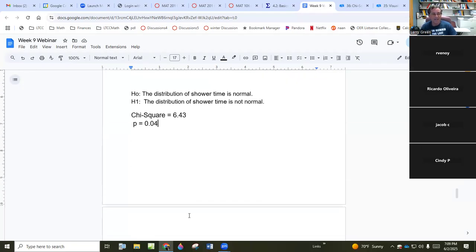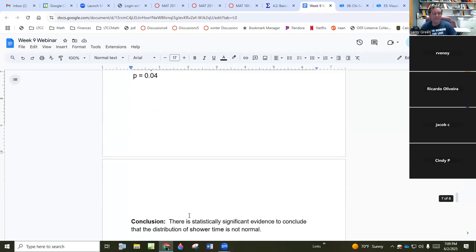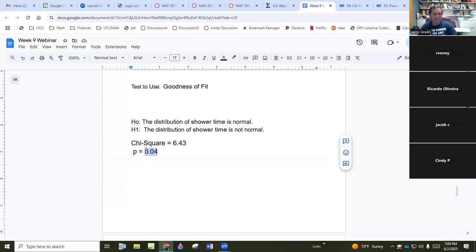All right, so then we need to state our conclusion. And by the way, if the p-value is 0.04, what does that tell you?